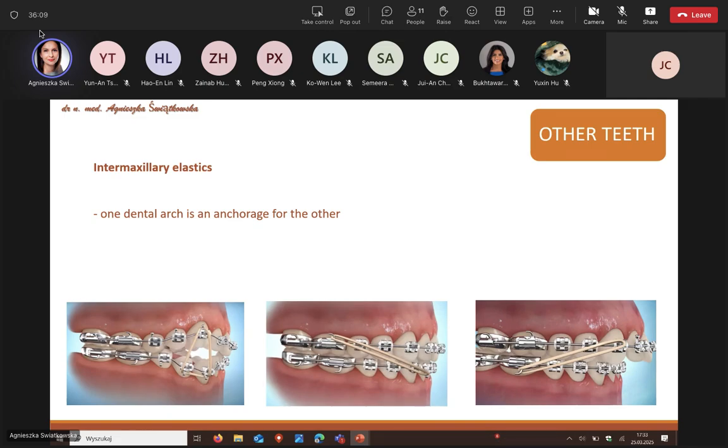If we have full class 2, it's rather not a good idea to use elastics in this treatment because we couldn't expect that we finish with correct classes. If the patient cooperates, wears this kind of elastics, and we have class 2 cusp to cusp on canine, on molars, we can expect that we will treat our patient with this method.